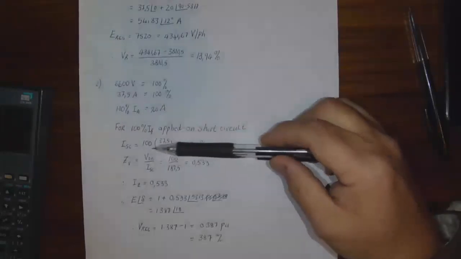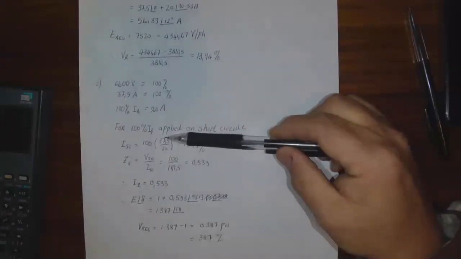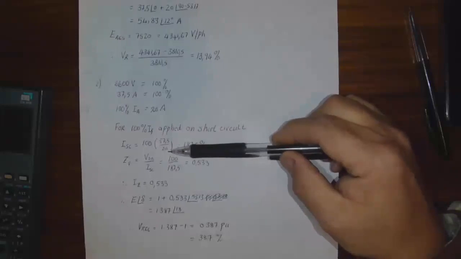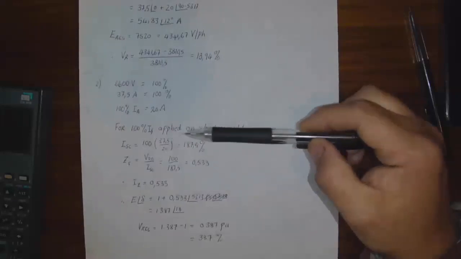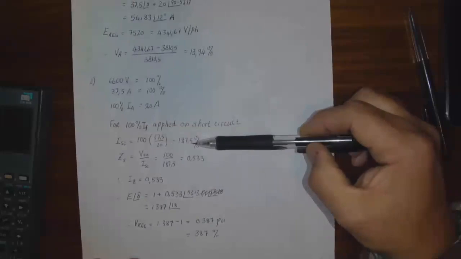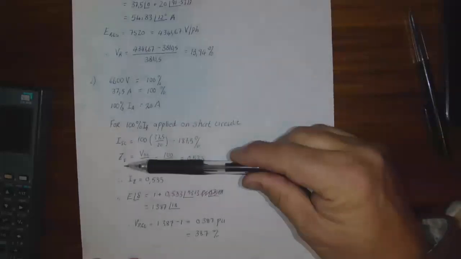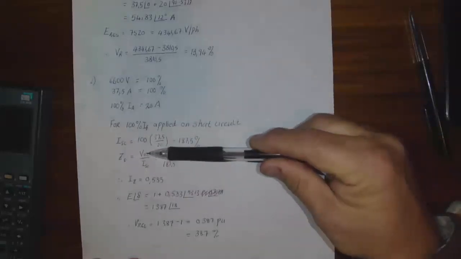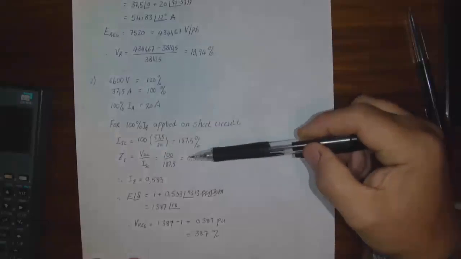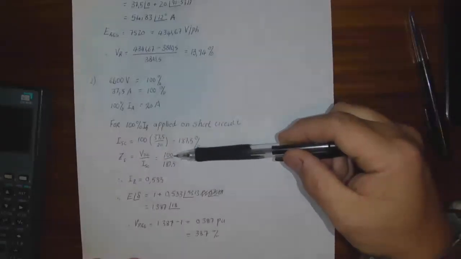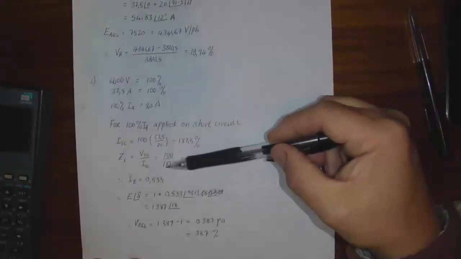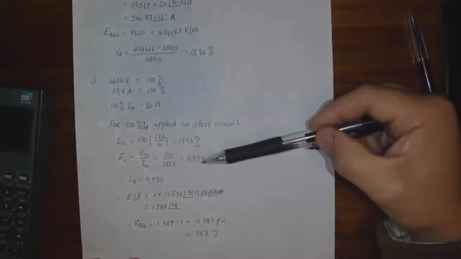It will be 100 times 37.5 divided by 20, because it's increasing. That gives us 187.5, or 1.875 per unit. Then your impedance will be V over I short circuit. So that means it's 100% or 1 divided by 187.5.